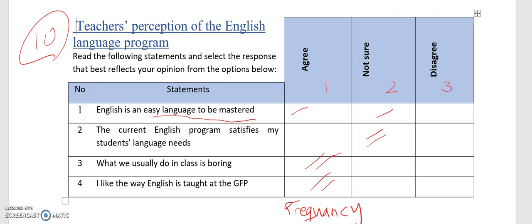And how many students said, for example, that they like the way English is taught? This is just an example. We want to see how many students we have. We want to see the frequencies, in Arabic, التكرارات. Clear? And based on that, we will report the findings.